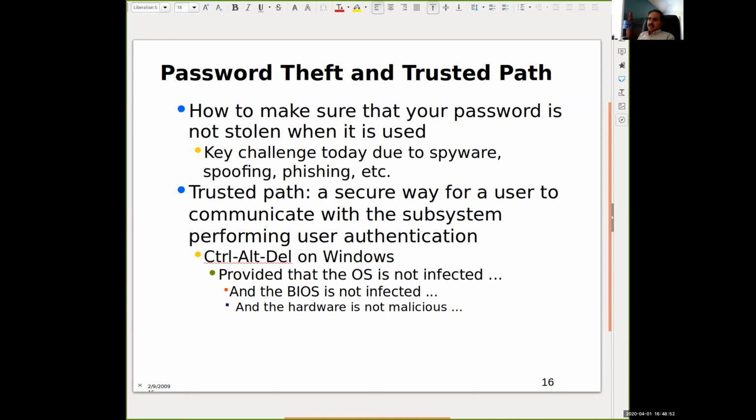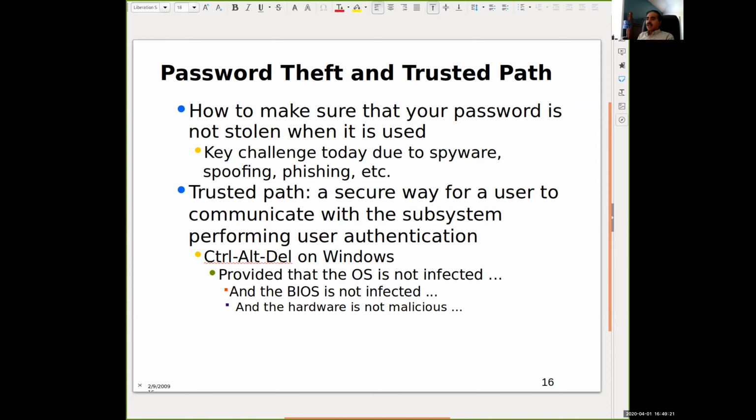Sometimes what happens is that it is not spyware that gets installed into the operating system, but it's more of a website that's able to throw a dialog box that kind of mimics your password dialog that you might see from another website that you trust, or let's say your own computer, right?